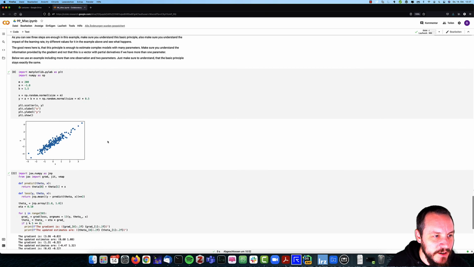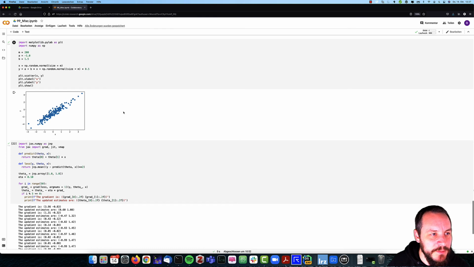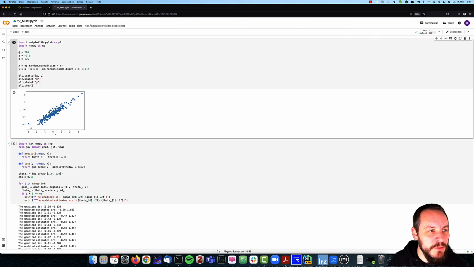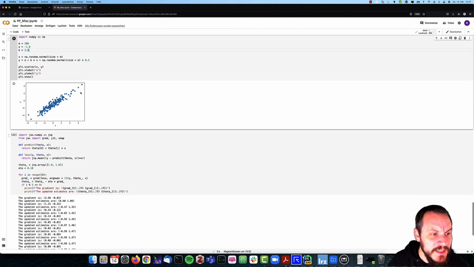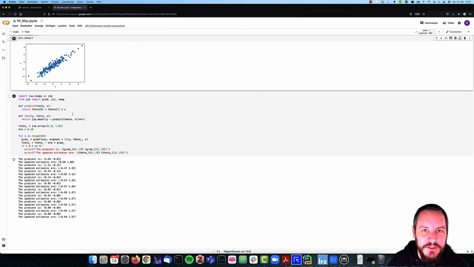Okay, here's just another example, still a very easy one, but more realistic. We have multiple data points, 200 here, and a linear regression model with a constant and a slope parameter. You really need to become familiar with this by yourself.